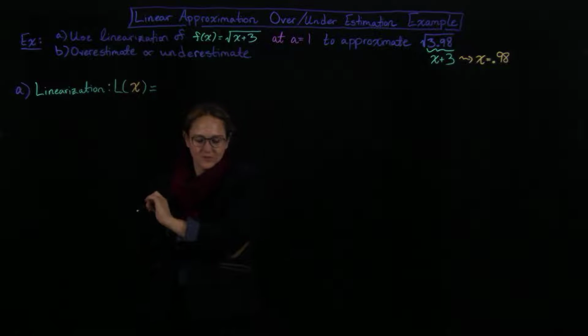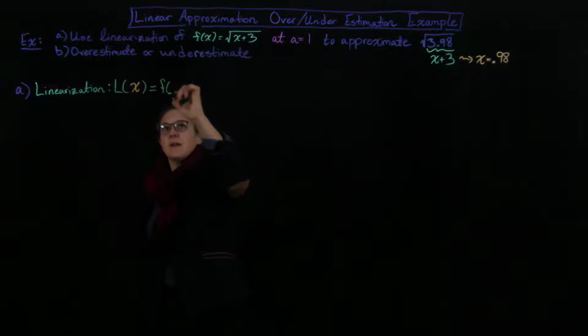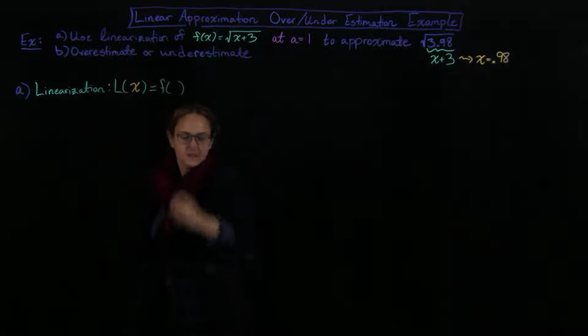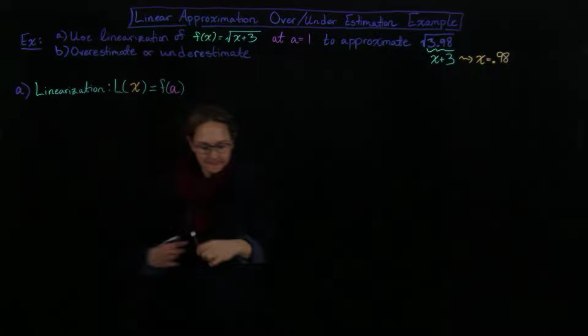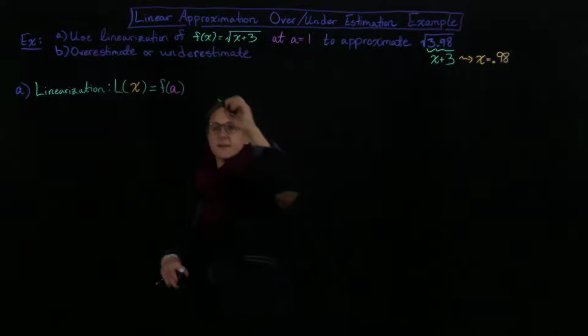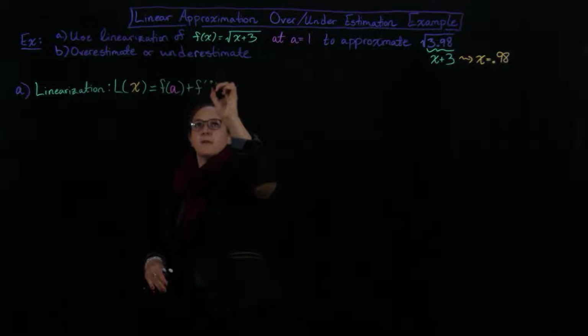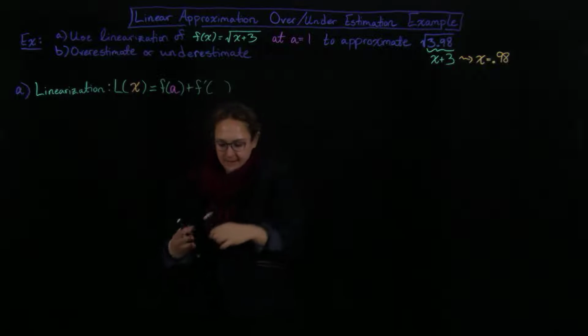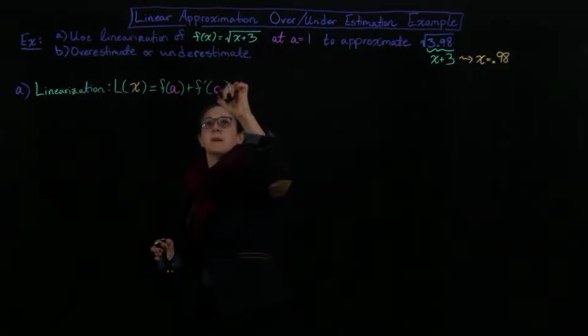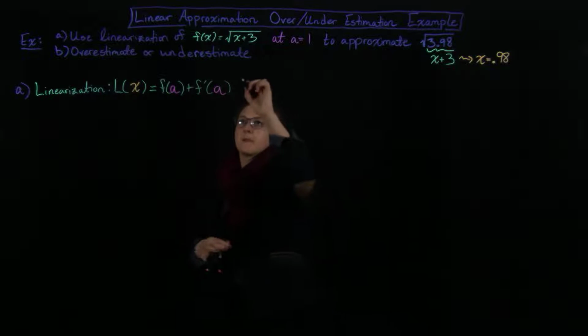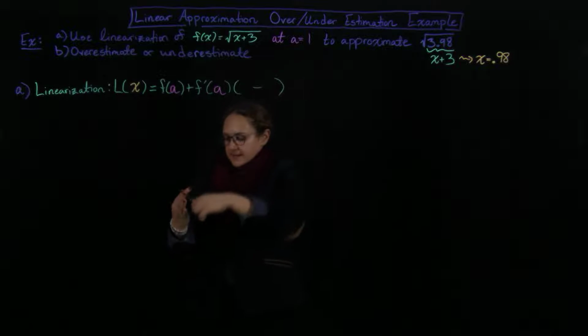This is the equation for the tangent line. So this is going to equal f of this nearby value a, plus f prime of a, times x minus a.